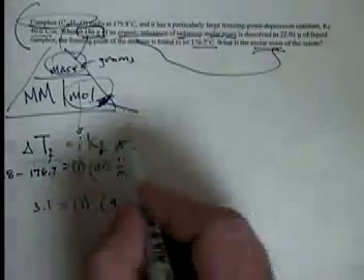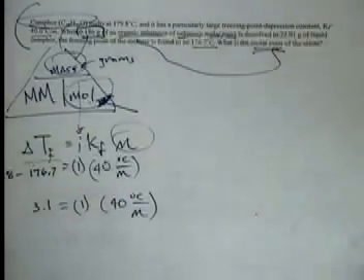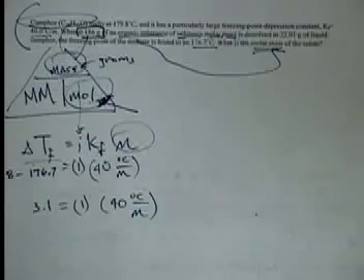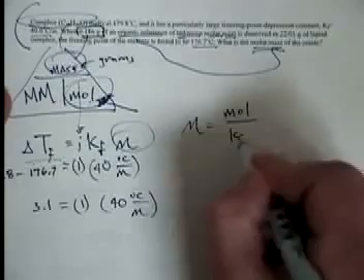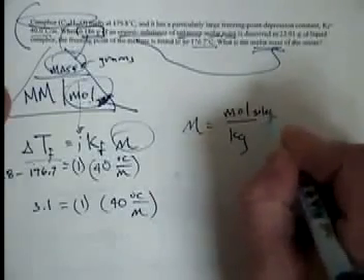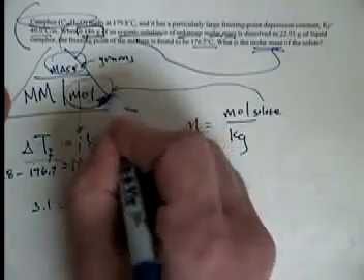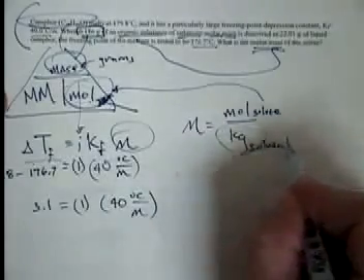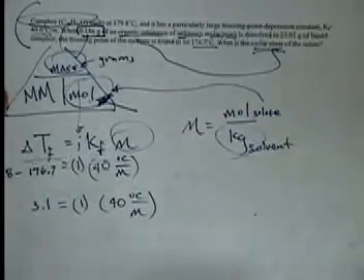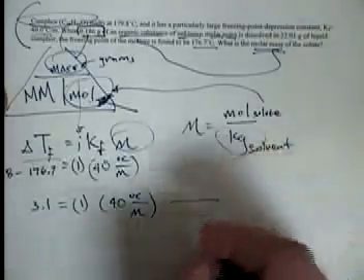And then we have to remember what molality means, because remember, our goal is to find the moles, not the molality necessarily. But molality is equal to moles of solute, the thing we need to know to find molar mass, divided by kilograms of solvent.